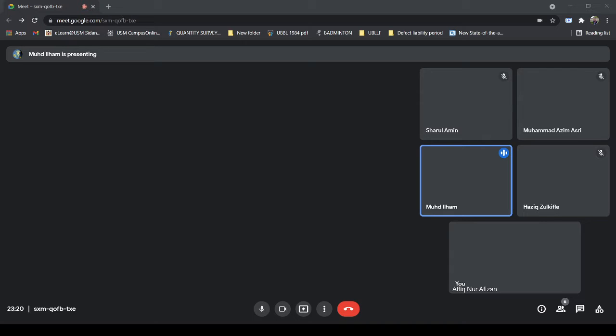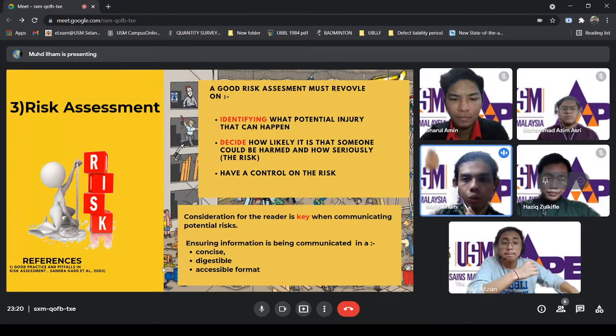Whenever we want to evaluate the risk assessment, the thing that we need to consider is communicating the potential risk. In this part, how we want to be considerate of the reader. Basically, to be considerate of the reader, we need to make sure that the risk assessment is concise, digestible, and in an accessible format.